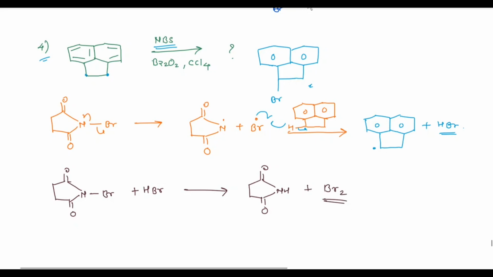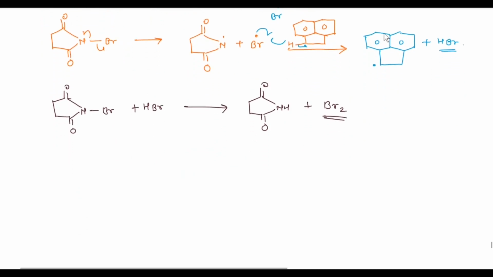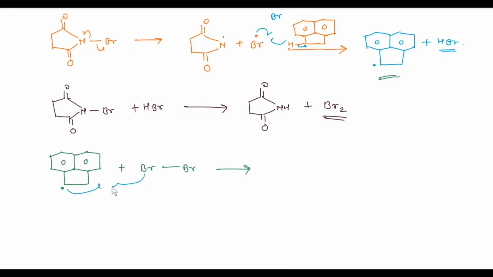This Br2 reacts with this allylic radical, so this allylic radical reacts with Br and we get our desired product, plus Br radical.